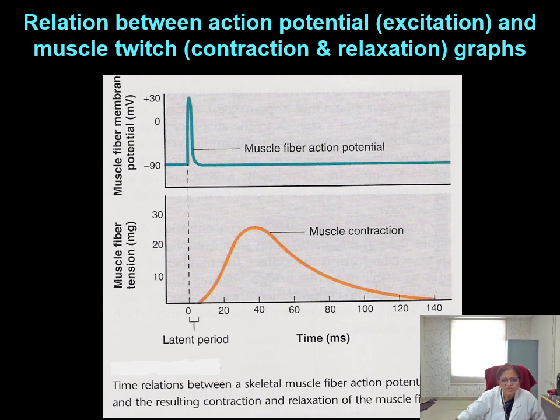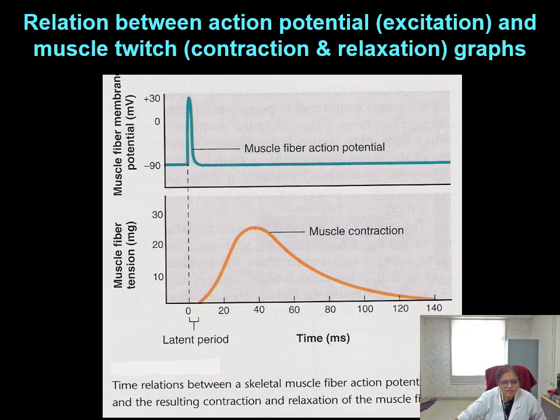This orange line below the graph represents the mechanical event here. So the first thing that takes place is the electrical event, nothing but action potential along the sarcolemma and T-tubule spread. After that only the mechanical event, the sliding action of actin over the myosin, will take place and cause the muscle contraction.